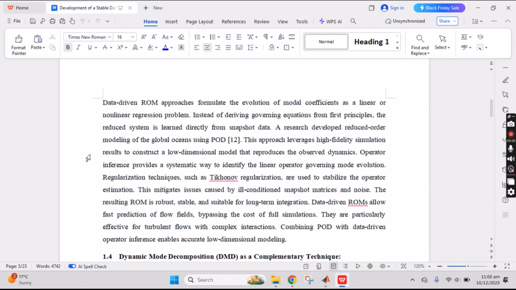Okay, this mitigates the issues caused by ill-conditioned snapshot matrices and noise.